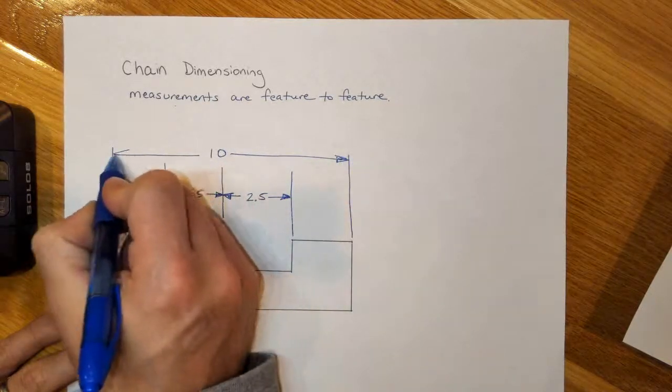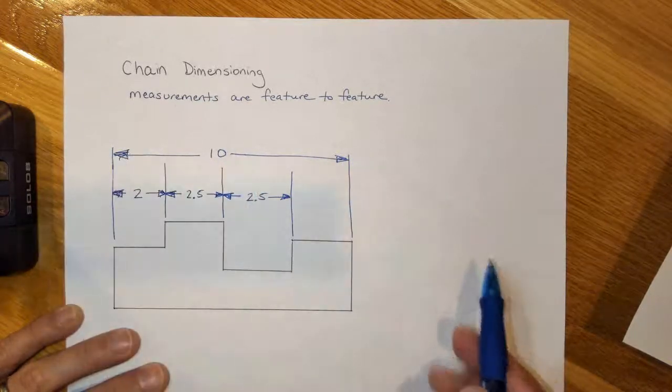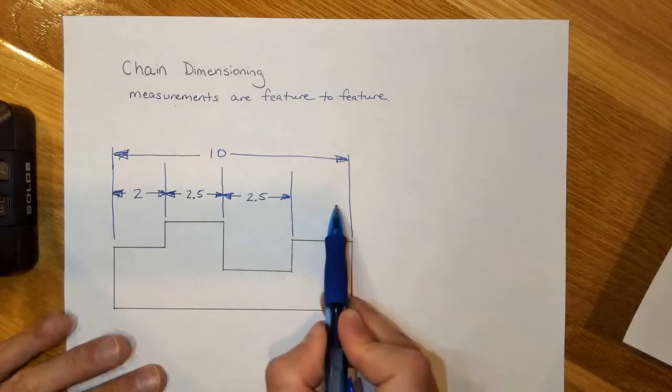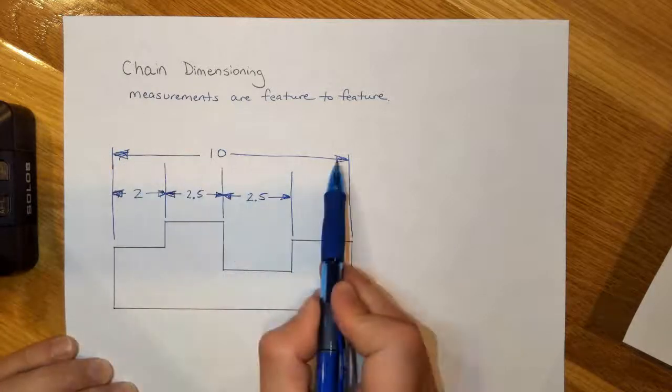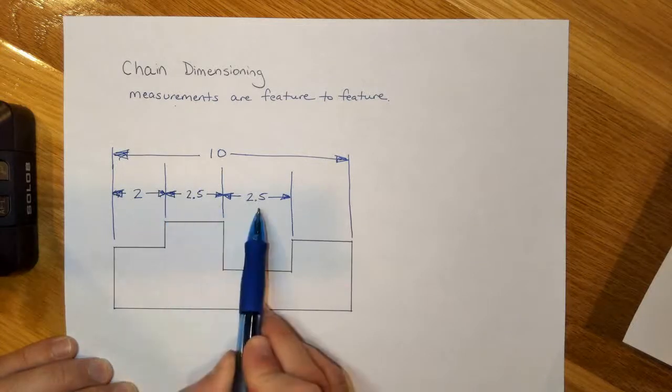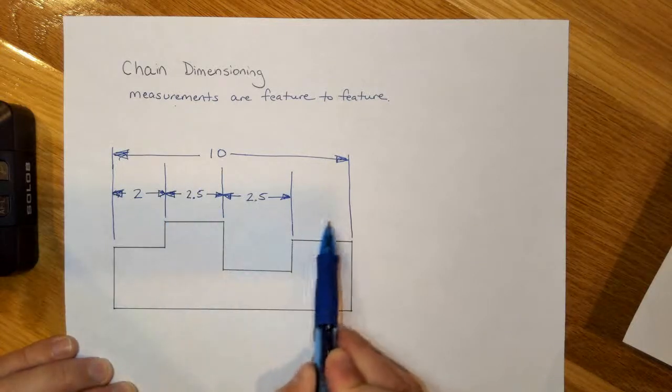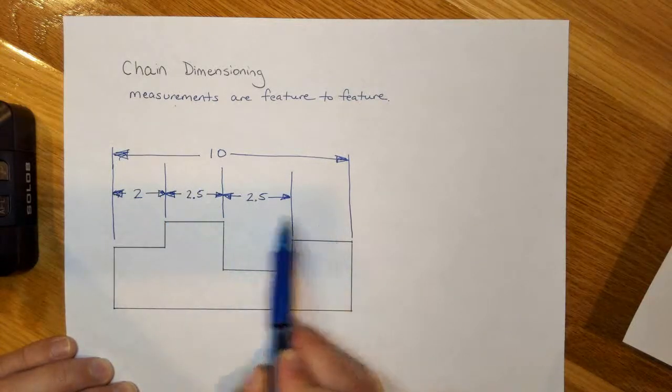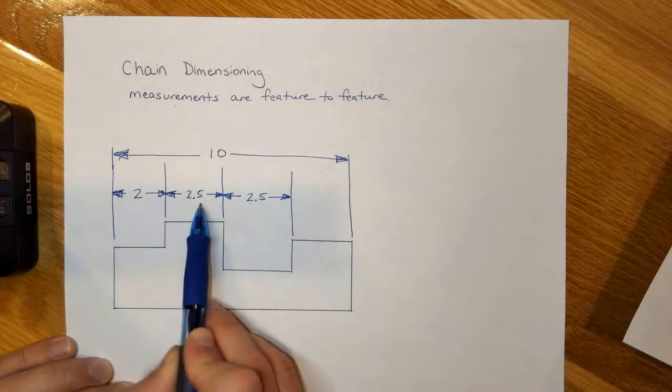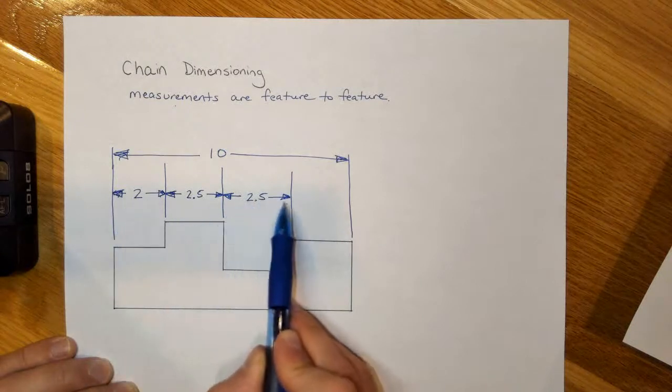Now with chain dimensioning, I shouldn't include this last one. By having the overall width as well as these three parts, this has already been determined. So I have 2 plus 2.5 is 4.5, and 4.5 plus another 2.5 is 7.